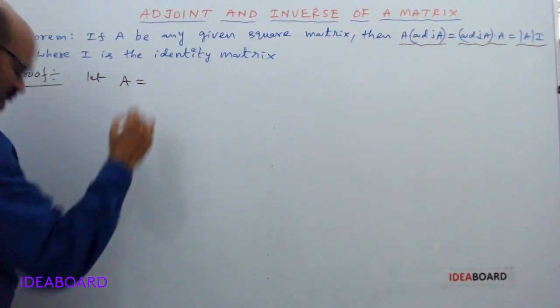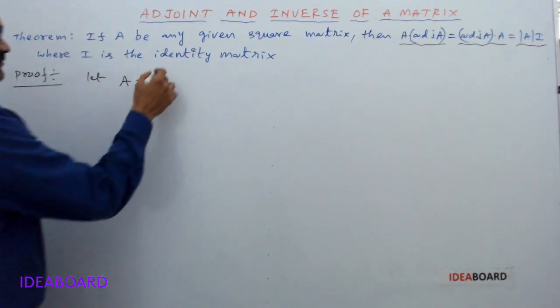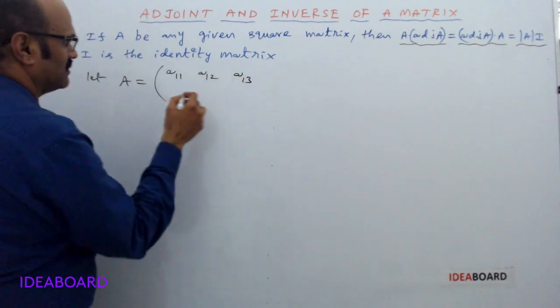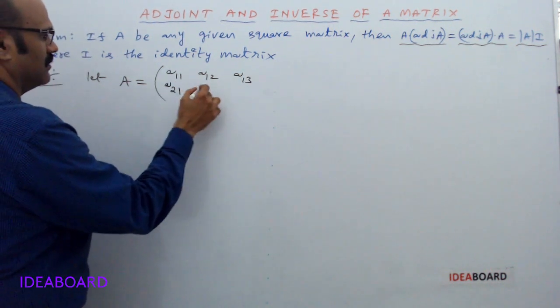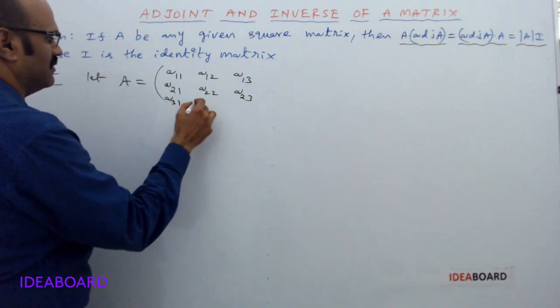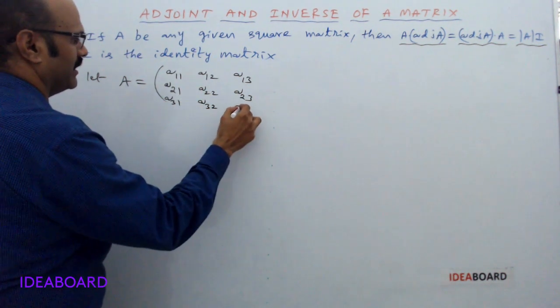Let A equal to a square matrix: a11, a12, a13, a21, a22, a23, a31, a32, a33.